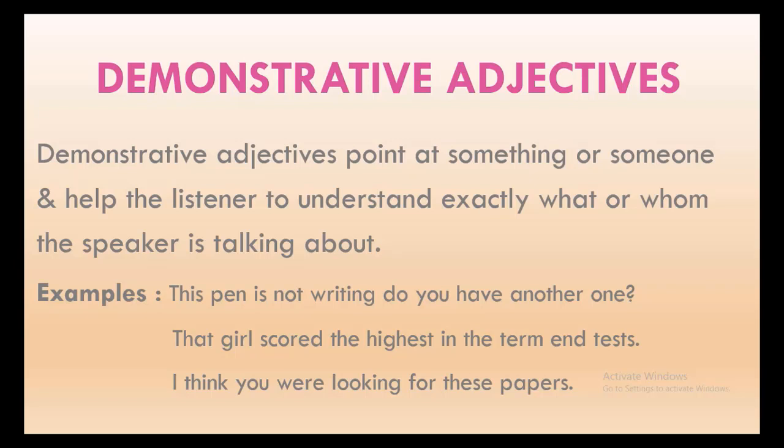Do you have another one? That girl scored the highest in the term and tests. I think you were looking for these papers. Here, this, that, and these are the demonstrative adjectives as they clearly describe nearly or far off placed objects. Fine?